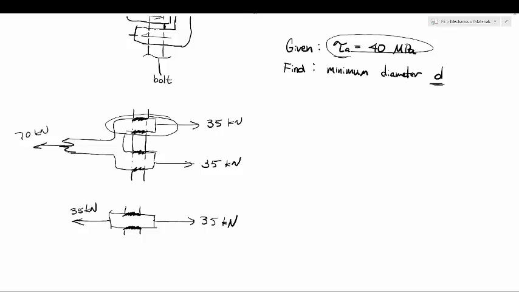The equation for average shear stress is P over A, where A is the shear area, or contact area. And this average shear stress is limited to 40 megapascals.